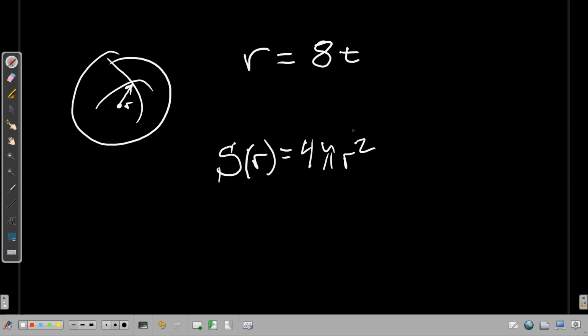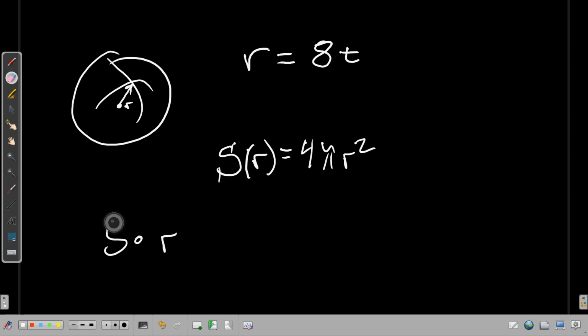So when t is 0, the radius is 0, and when t is 1, the radius is 8. This is a linear function. Then I can talk about S composed with R. But I don't want to write this.